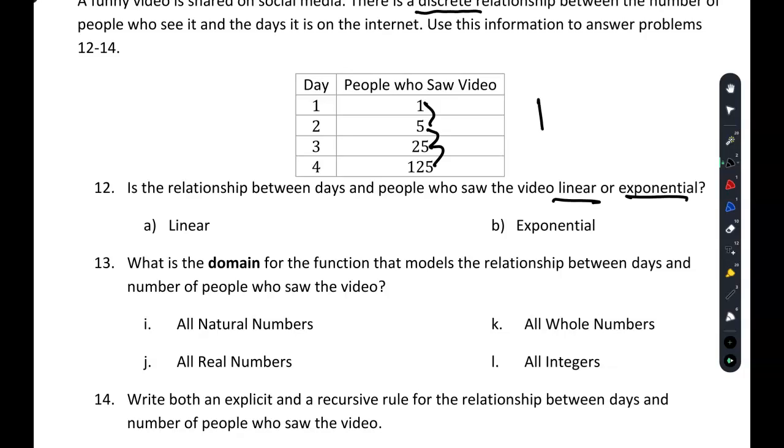If we're adding the same thing, it's linear, and if we're multiplying the same thing, it is exponential. There's no way you could add 4 to 1 and then add 4 and get 25. So it's not adding, but it is multiplication. You'll multiply by 5. 1 times 5 is 5, 5 times 5 is 25, and so on. So that's going to make it exponential.